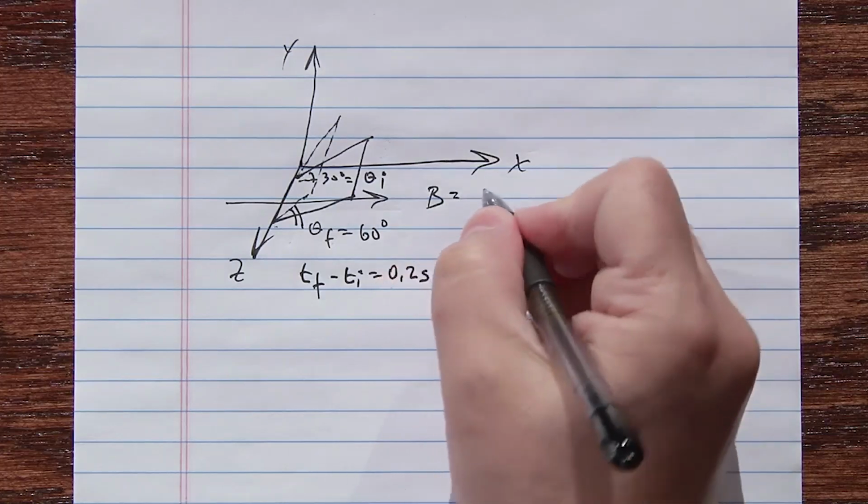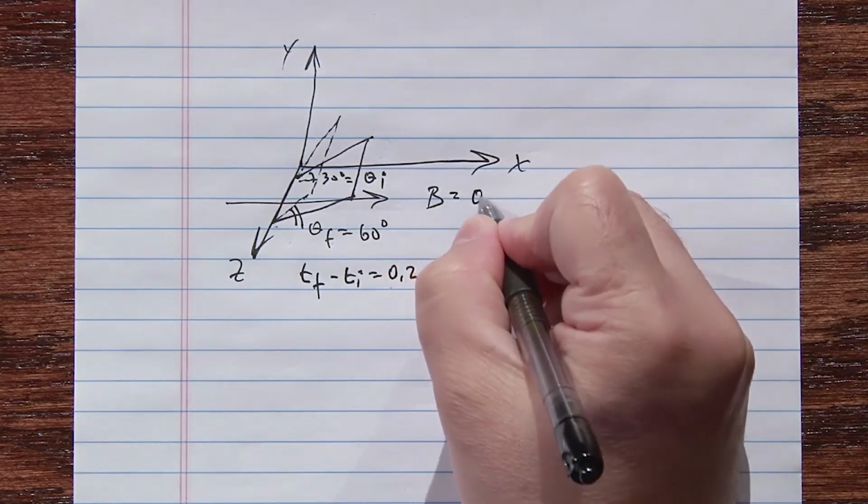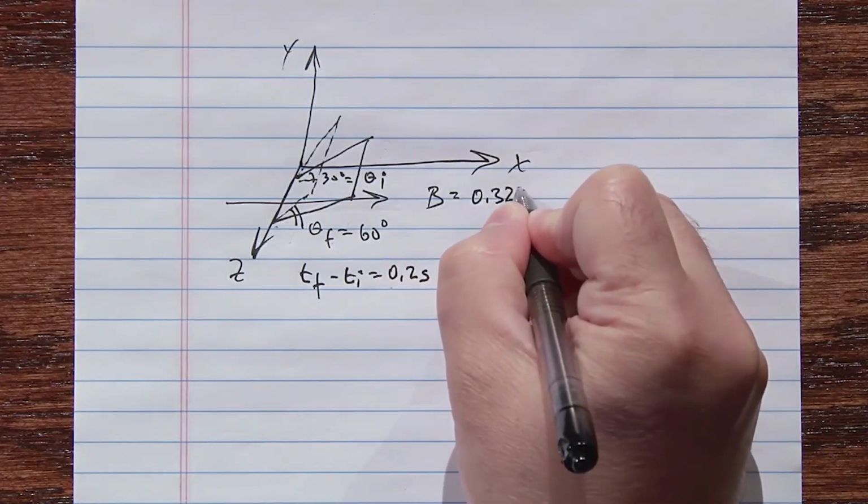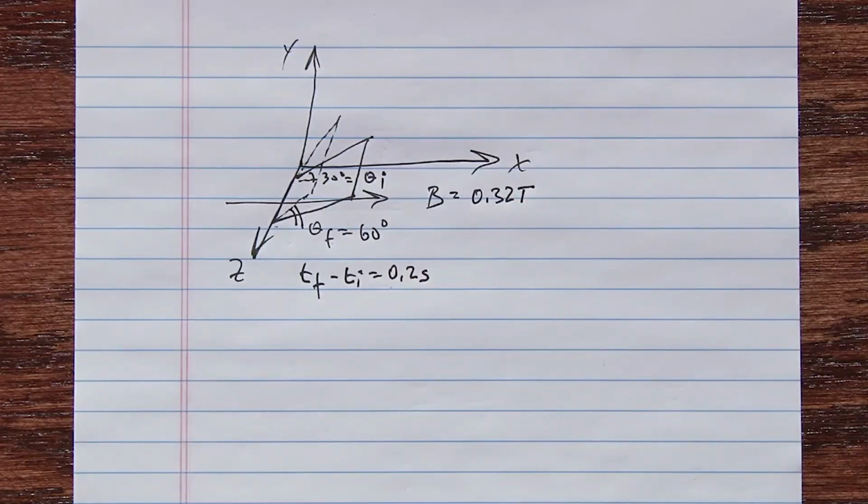The magnetic field strength is 0.32 Tesla.